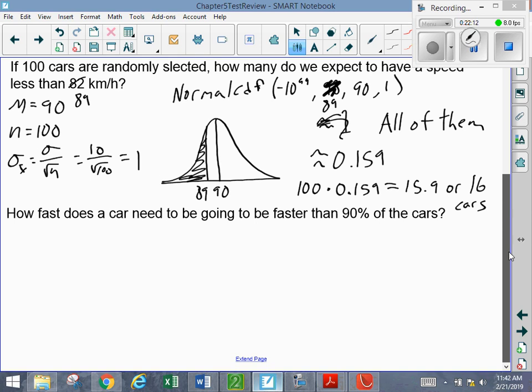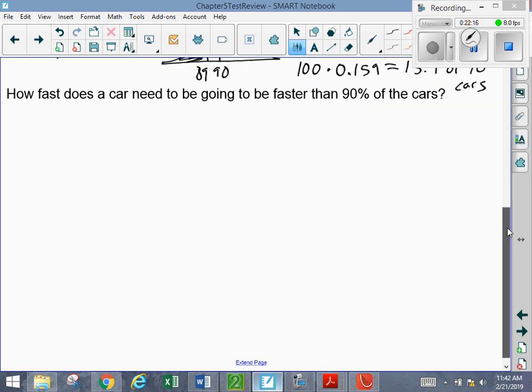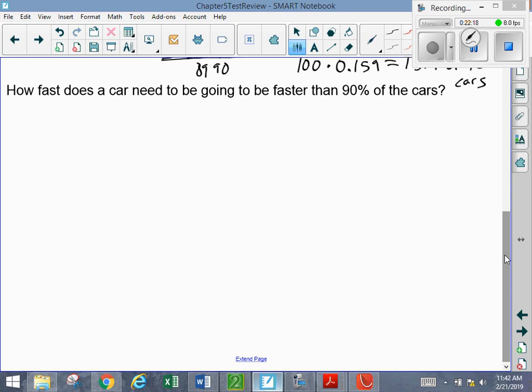Alrighty, hey, how fast does the car need to be going to be faster than 90% of the cars? So this is the one where we would have to solve. I'll also show you another method of doing it just using your calculator, alright? So, in order to do this, I need the formula z equals x minus my mean divided by my standard deviation, okay? Which means that I need a z-score that corresponds to an area of 0.9.